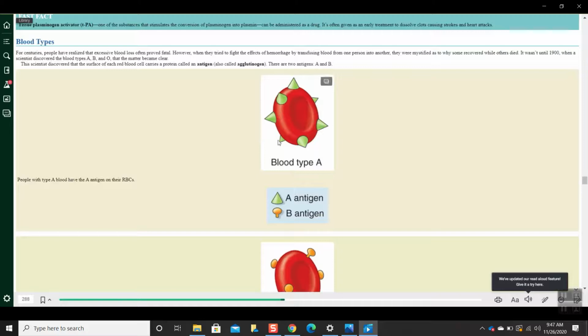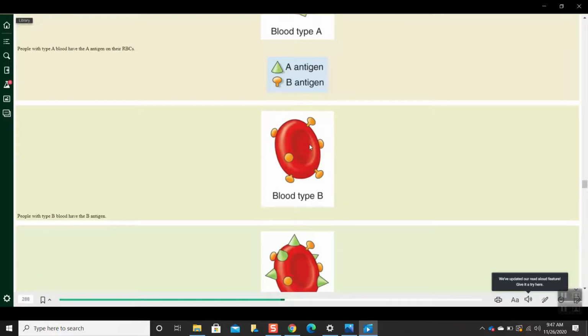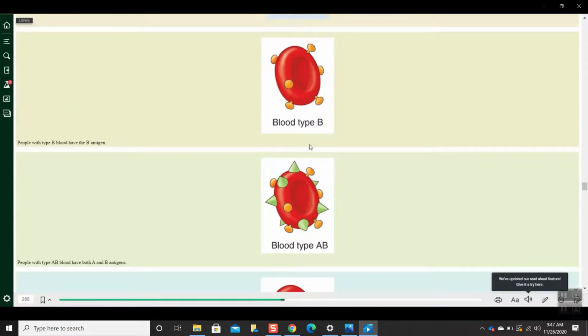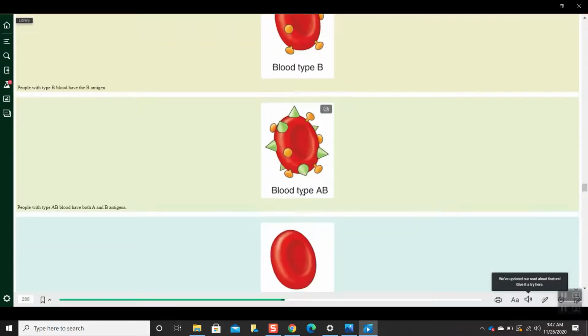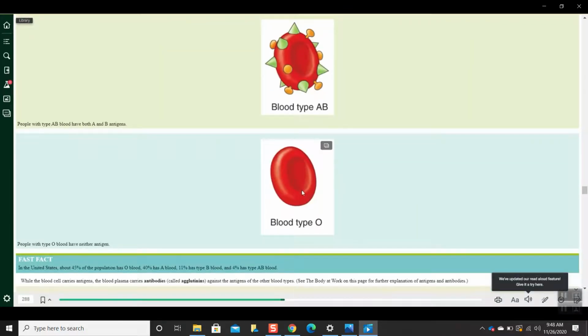For blood type A, you have A antigens on the red blood cell. For blood type B, you have B antigens on the red blood cell. For type AB blood, you have A and B antigens on the red blood cell. For type O, you have no antigens on the red blood cell.